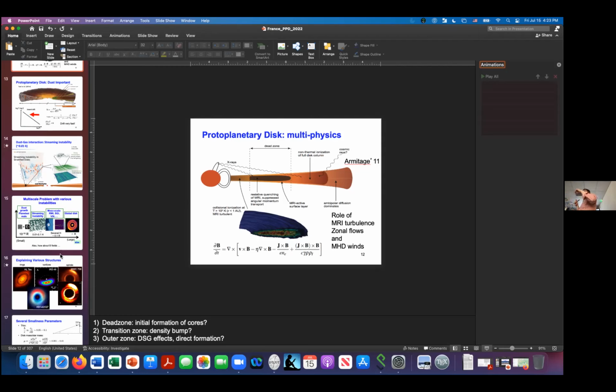There is a central gravitational sun, so the dust would travel at a Keplerian speed around the sun, or with some eccentricity. But the gas, because there's pressure, typically moves at a slower speed than the dust. So that's usually how we think of them. Is that what you're asking?